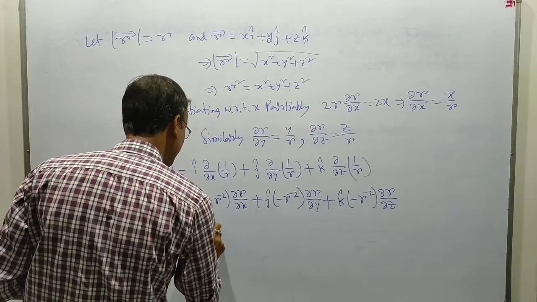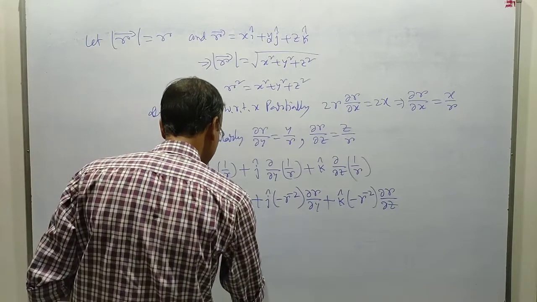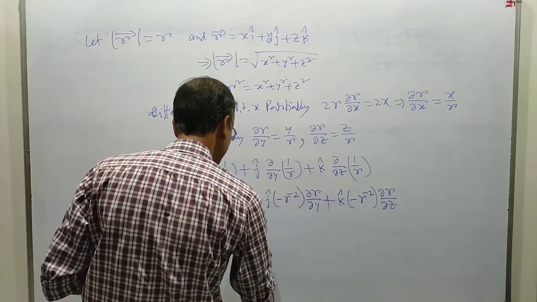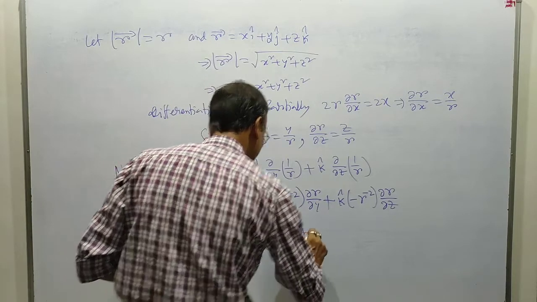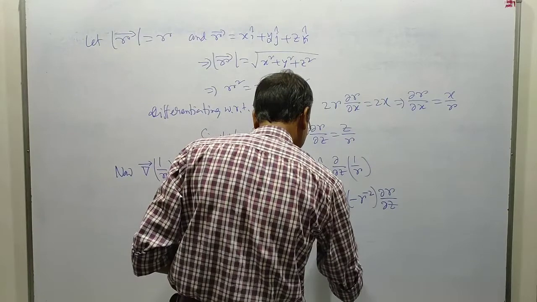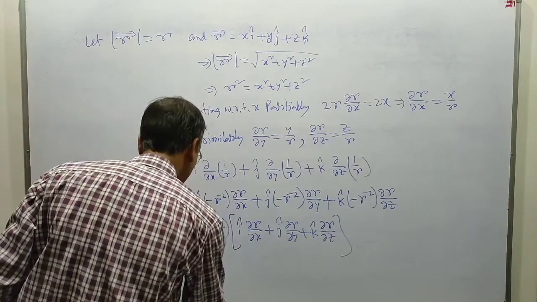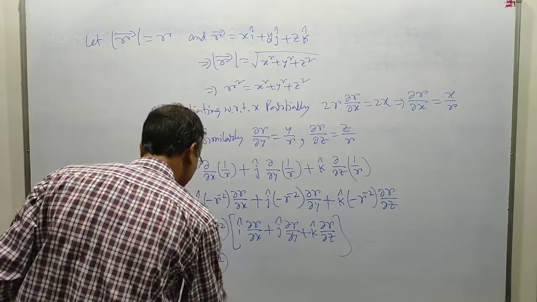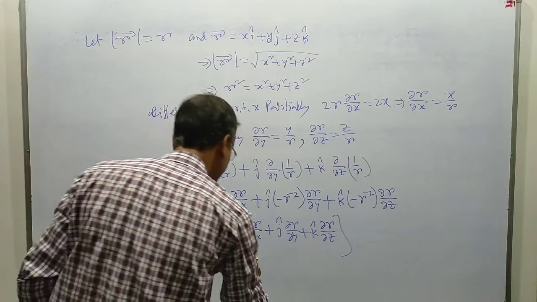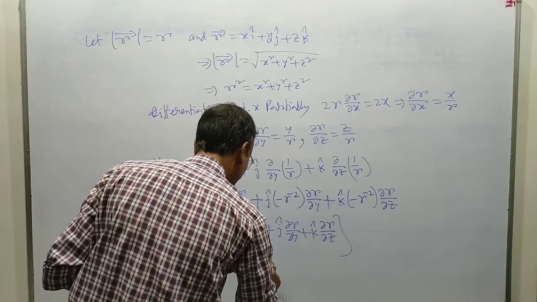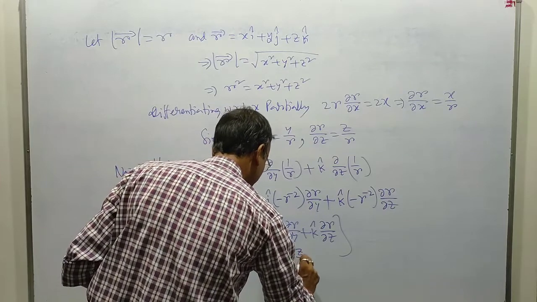Minus r to the power minus 2, you may take it as common: i cap delta r by delta x plus j cap delta r by delta y plus k cap delta r by delta z. You may write like this. This is equal to minus r to the power minus 2 i cap, it is nothing but x by r, plus j cap y by r plus k cap z by r.